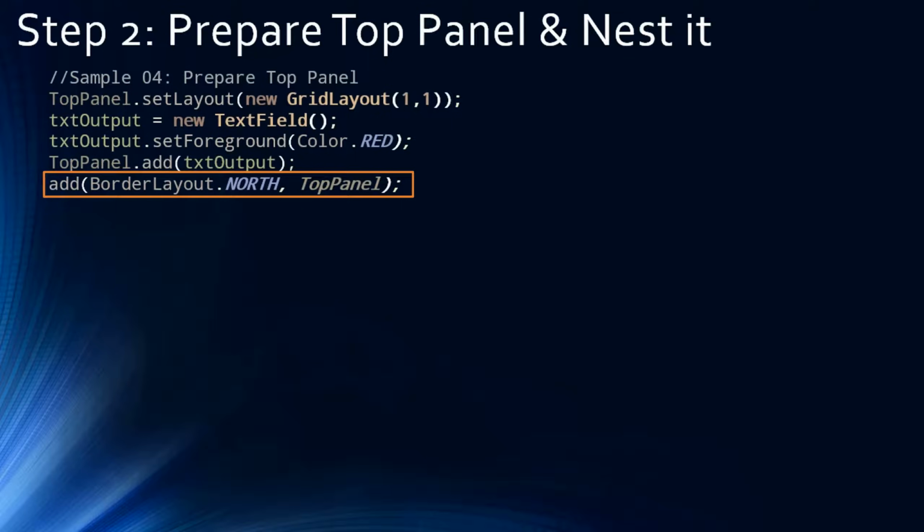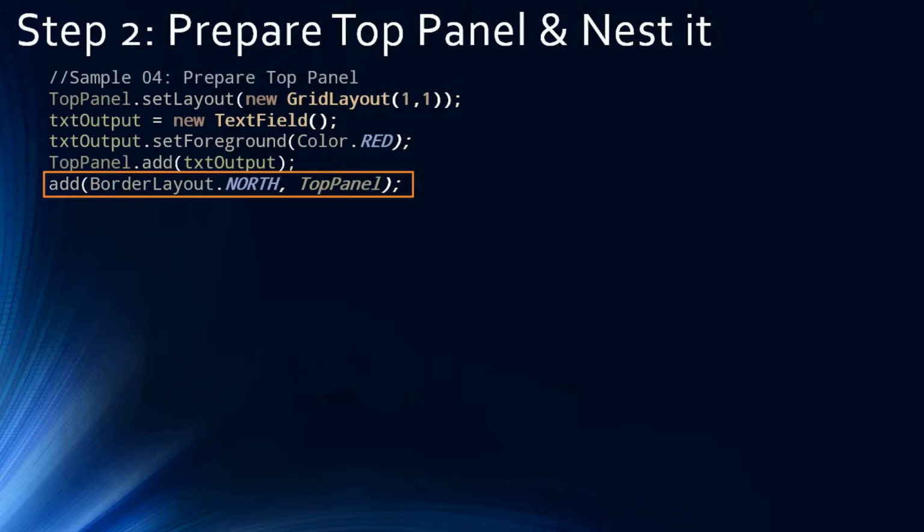So we are adding something to the frame window at the north location. The default layout for the frame window is border layout. That's why we are making a call to BorderLayout.NORTH. And previously I told we are adding something, right? That something is nothing but this panel. So here we are adding this panel to our frame window.